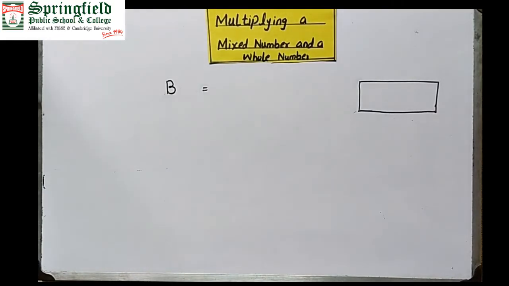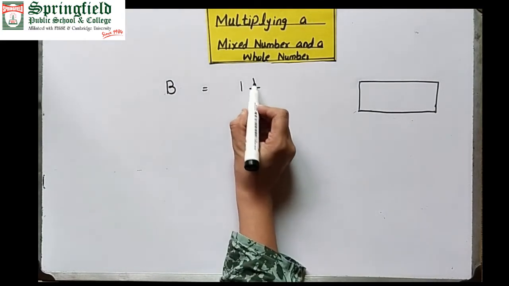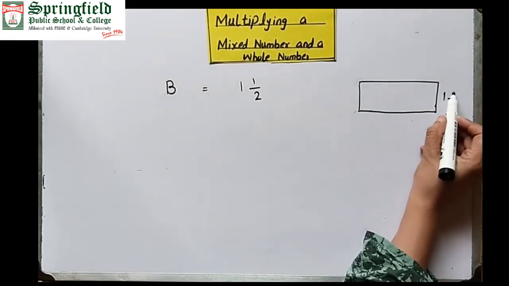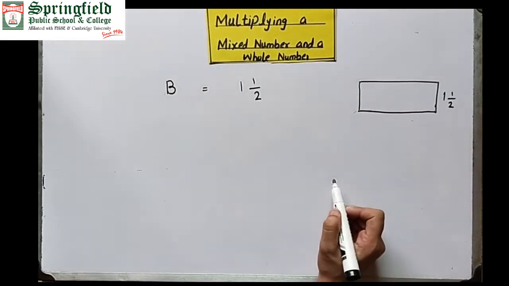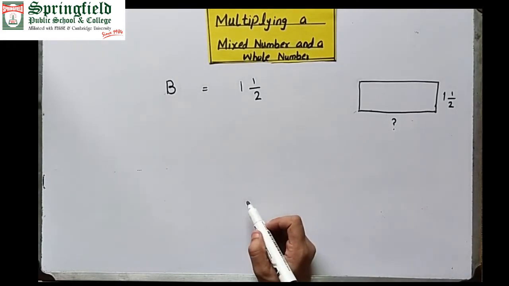The breadth of the rectangular plot is 1 whole 1 by 2, as given. This is the breadth. Now they are asking about the length. What is the length?